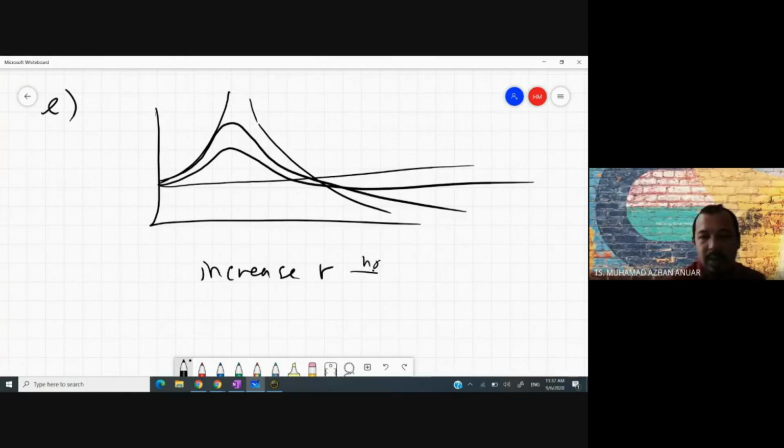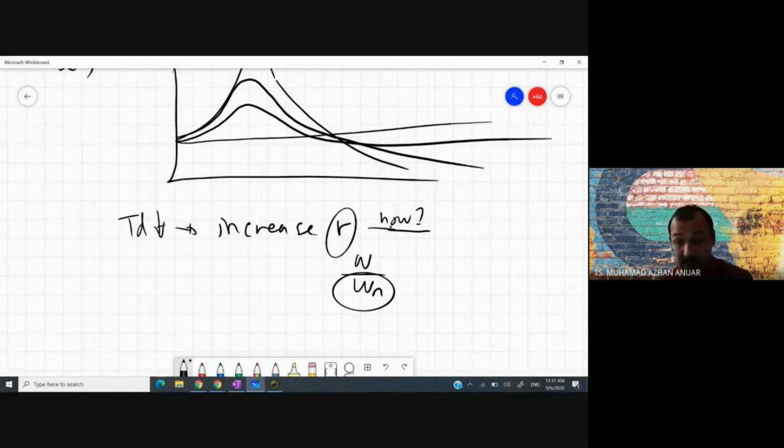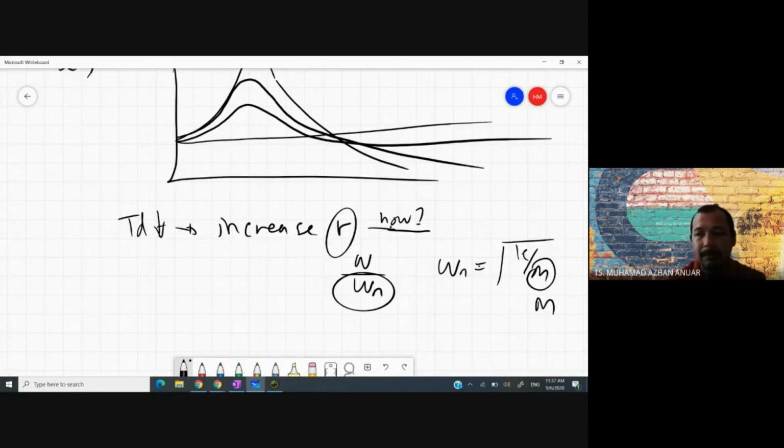So TD is decreased if you increase the R. But how? R is equal to omega divided by omega n. In order for us to increase the R, omega n must be lower. Omega n is equal to square root of K over m. So how to make omega n lower? Either we increase the m, or we reduce the stiffness.